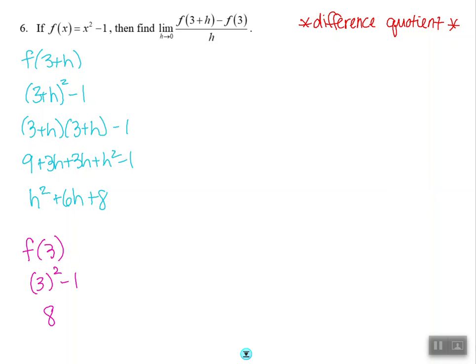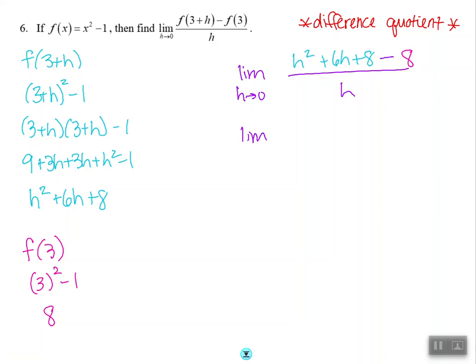So now I have the limit as h approaches 0 of f of 3 plus h, which was h squared plus 6h plus 8, minus f of 3, which is 8, over h. So I need to simplify and then evaluate this limit.